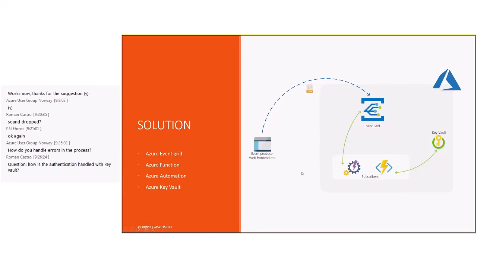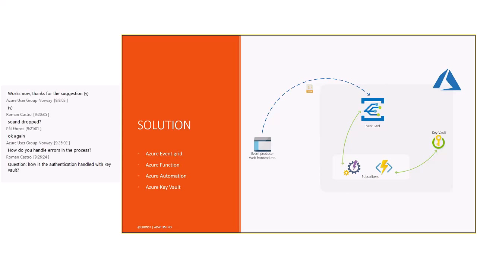So what I tried to demonstrate was that you can have some kind of event producers. In my case, it was just a script, but it could be a web form or a Power App, or something nice and fresh, like Anders is going to show later. And you are sending all events to Event Grid.